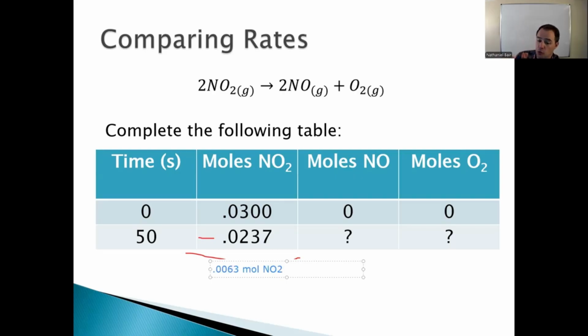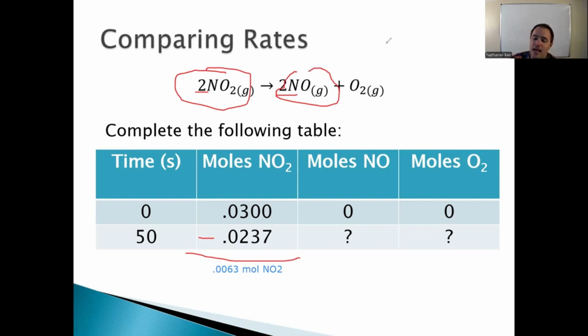That's what was consumed. And now we can figure out how many moles of NO must have been produced in that time frame and how many moles of O2 must have been produced. How can we do that? Well, the NO2 and the NO have the same coefficient, 2 and 2. So for every 2 NO2s I use up, I get 2 NOs back.